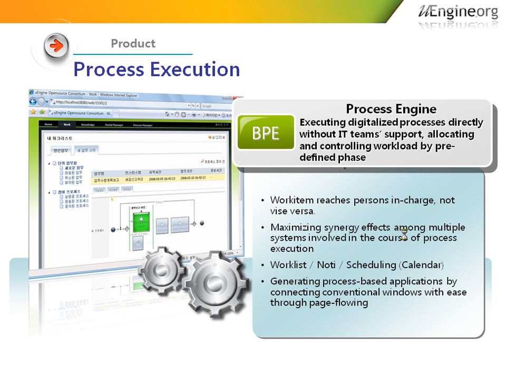Through all the business processes, work items are automatically assigned to the employees or staff. Those staff would not have any reason to search for which work should be done, or which work he or she should do, because the work items are automatically transferred to them by upper levels or by other colleagues. This also maximizes synergy effects among the multiple systems involved in the course of process execution.